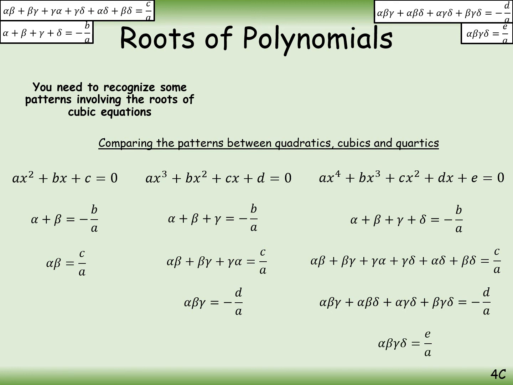So you can see the relationship here. It's very easy to remember because they all follow the same pattern. So we've got the sum of singles, sum of doubles, sum of triples, and sum of quadruples.